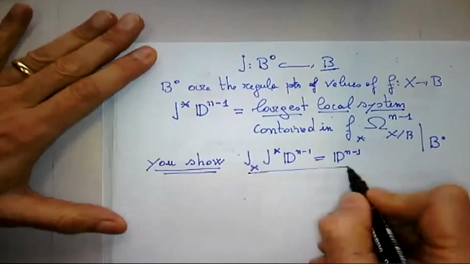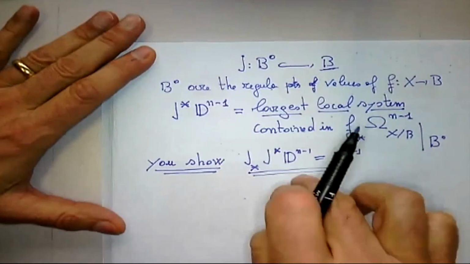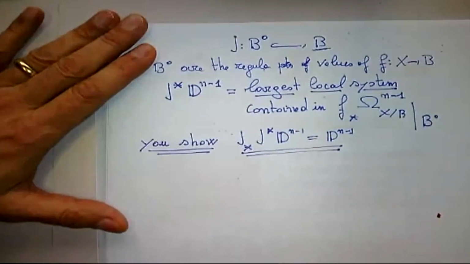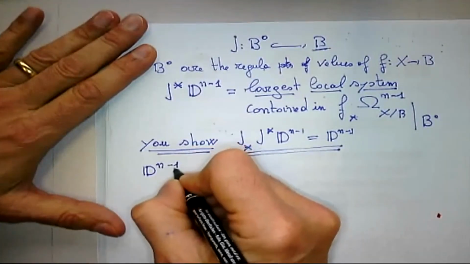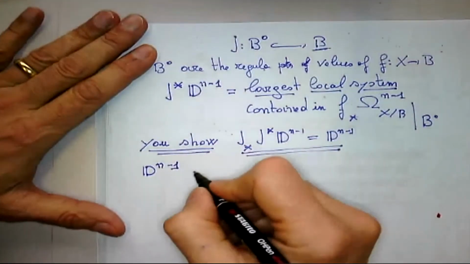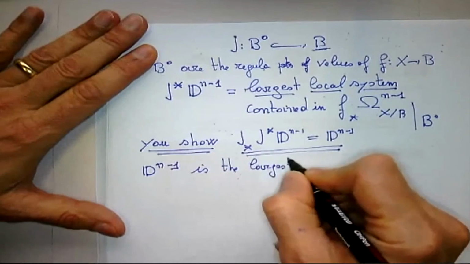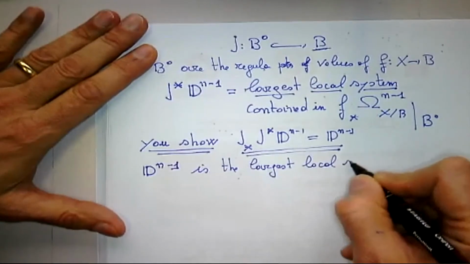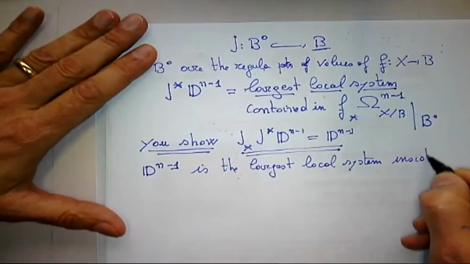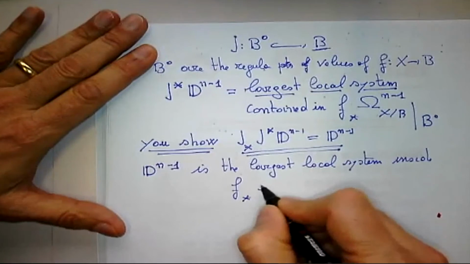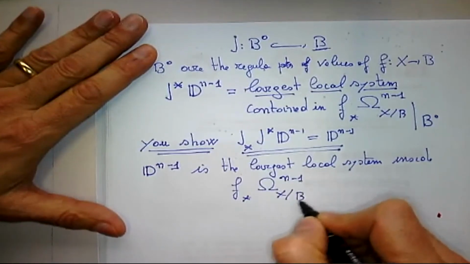And so by this game, which is not easy and requires clearly here the assumption on singularities has its own importance, you can prove that another interpretation of this main object is the largest local system, obviously inside F lower star omega n minus 1 X/B.